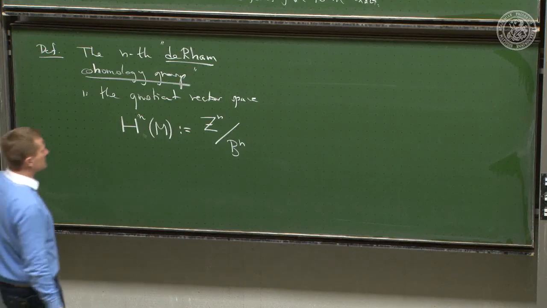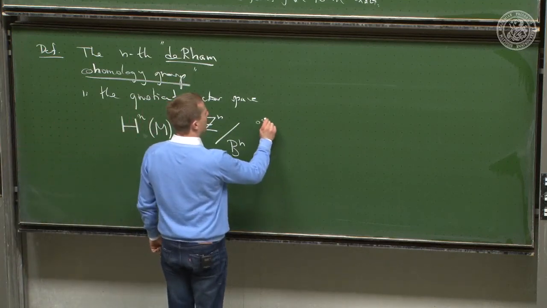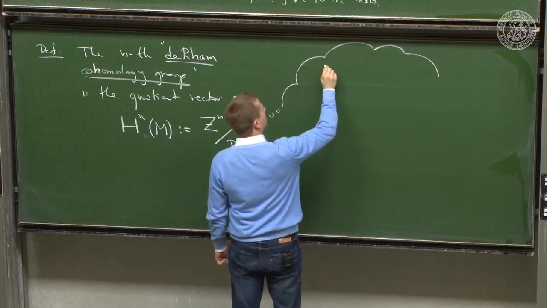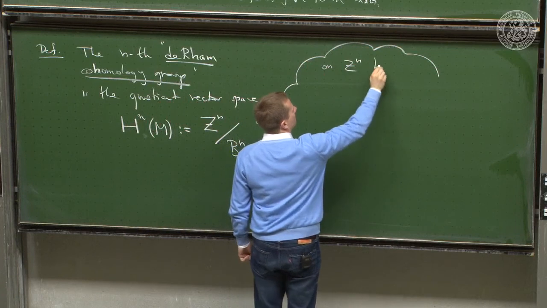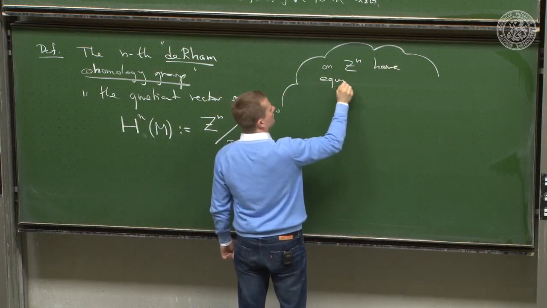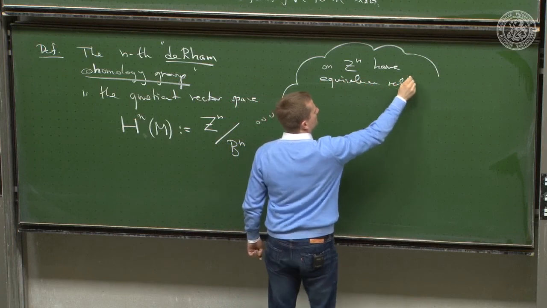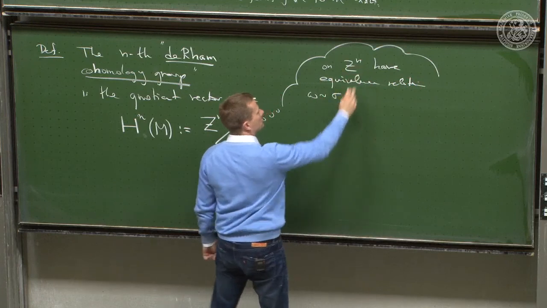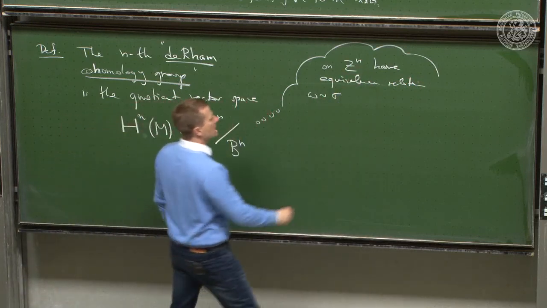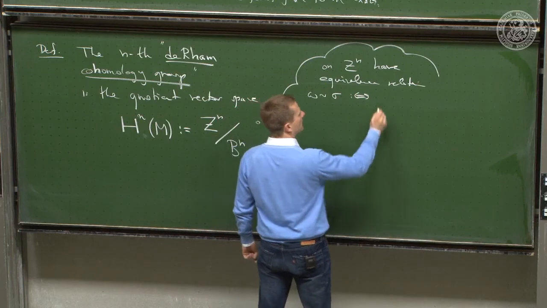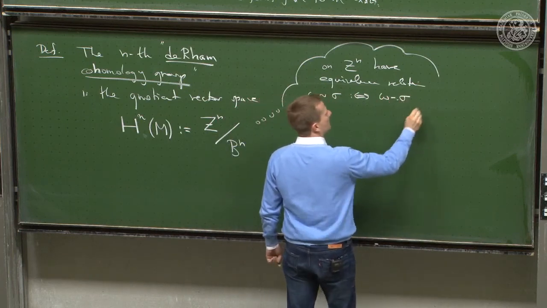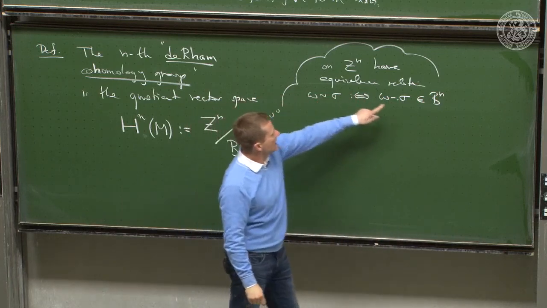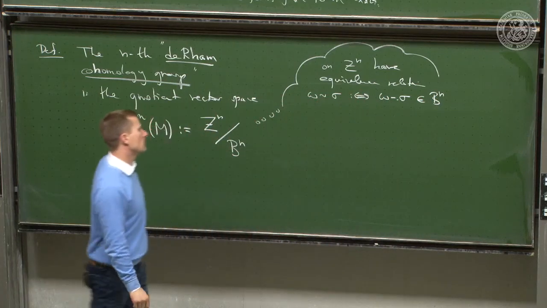And now you might ask, what is this quotient of vector spaces? Well, this is just short notation for saying you have on Zn an equivalence relation that relates two forms omega and sigma that are already closed, by definition if and only if their difference is actually exact, right? So this twiddle has to do with the exactness, okay?